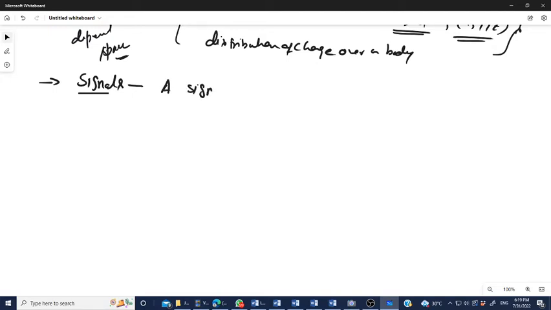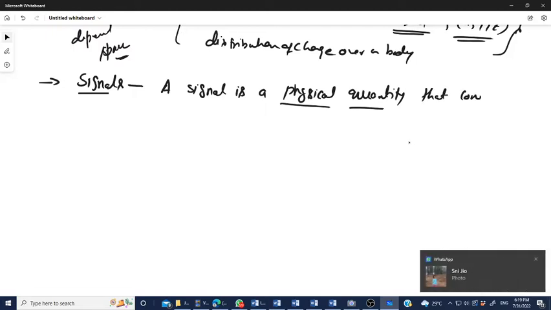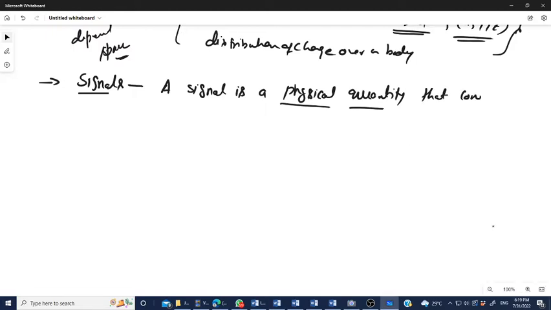A signal is a physical quantity that obviously contains information and is represented, very important.